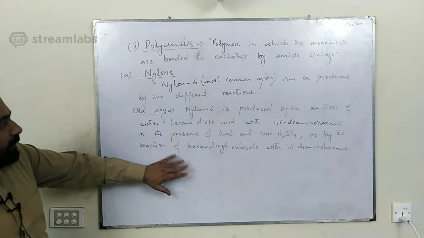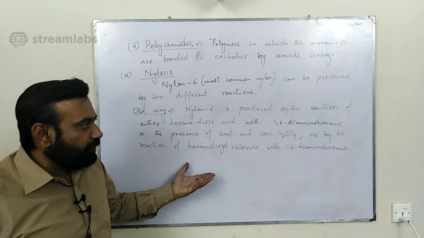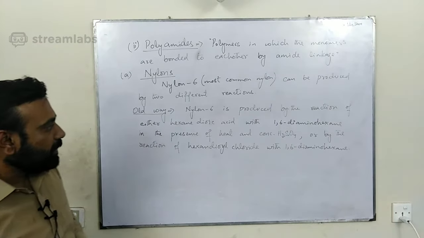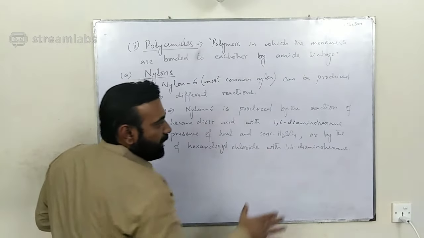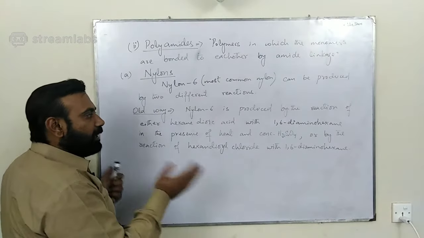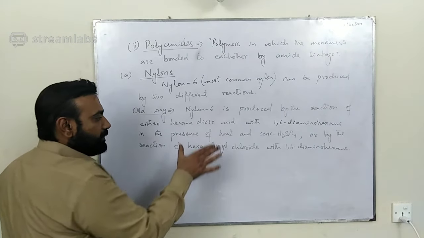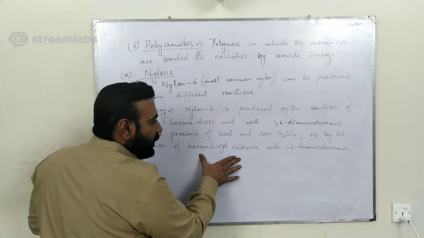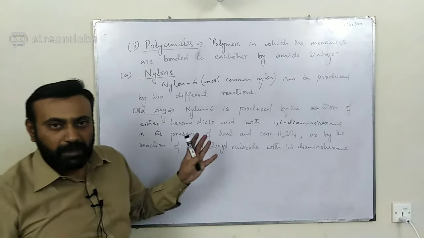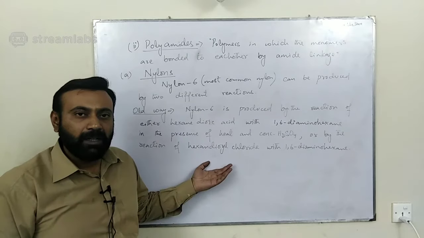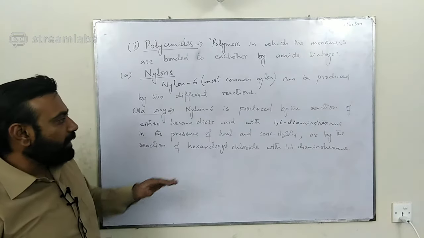Even the old traditional way has two possible sets of monomers as reagents. One monomer has to be 1,6-diaminohexane, but the other could be either hexane dioic acid or hexane dioyl chloride. It could have two carboxylic acid functional groups or two acyl chloride groups.